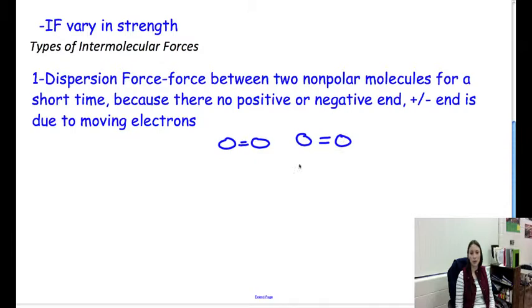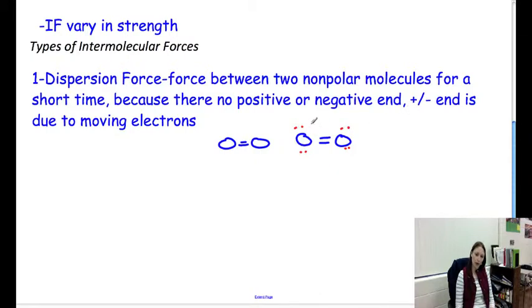They both want electrons equally because they're the same thing. So these electrons are moving around this entire molecule. Electrons never stay still. We draw them as lone pairs, but in reality, everything moves, including the bonded ones, a little bit to one side or the other.